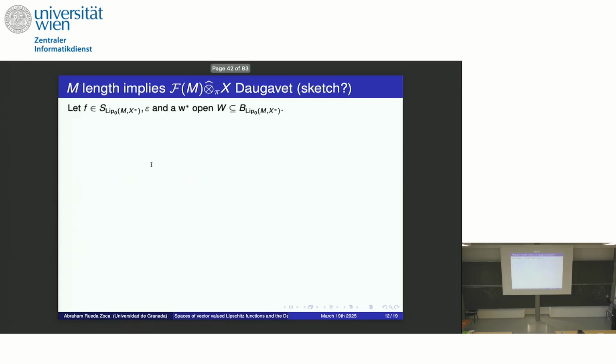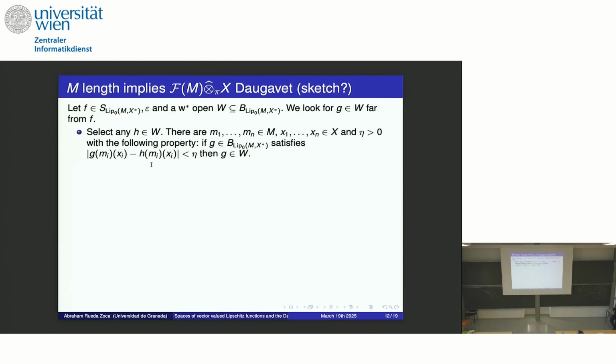Okay. We go back to try to see that F(M) tensor X has the Daugavet property. Let's repeat the sketch from before and let's see where the gaps are. As before, we take a norm 1 function, an epsilon, and a weak-star open set. Now we have the weak-star topology to talk about. And as before, we look for somebody in W far away from F. As before, select any point.